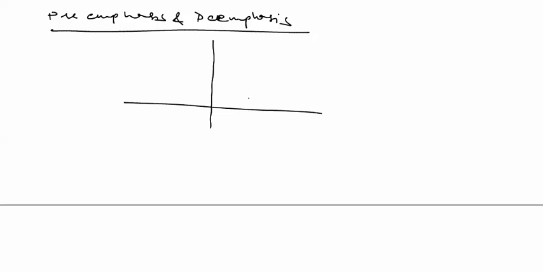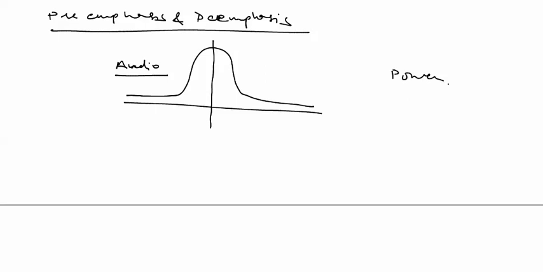We draw a diagram for the audio range: PSD, power spectral density of audio. Power per unit bandwidth is known as power spectral density.